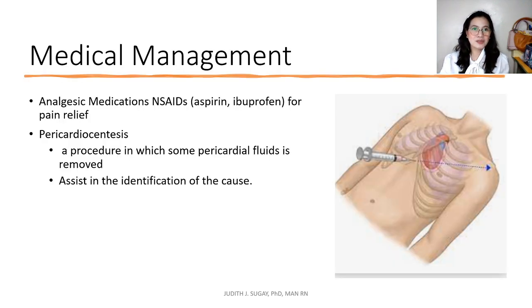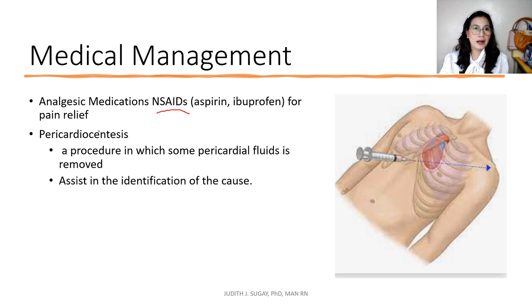For medical management, we are just going to treat the cause. We are after the relief of symptoms. So we have analgesic medications, the non-steroidal anti-inflammatory medications, for pain relief.